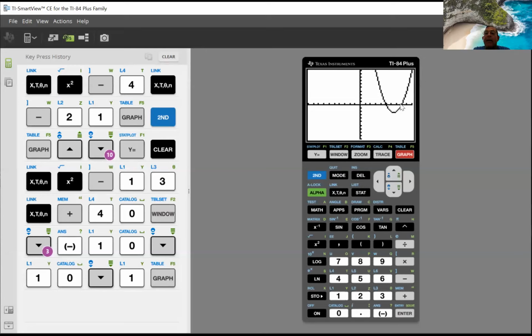At 8, it's above the x-axis on that right part. So the only part that was underneath the x-axis was that part between 5 and 8. So you can sort of look at the graph, and if you're greater than, you're above the line. Less than would be below the line, okay?